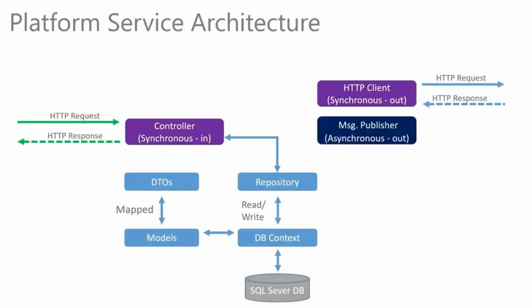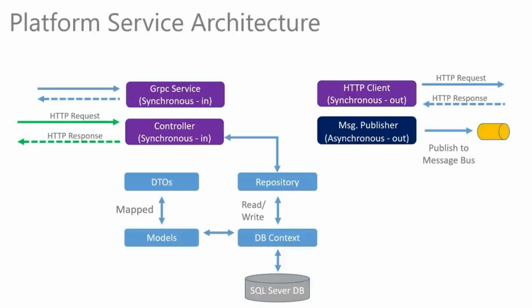We're then coming on to the main event, which is to use a message publisher, which is asynchronous out. And so our platform service is going to publish events onto our event bus, onto our message bus. And then finally, we're going to use gRPC within our platform service as a synchronous in service. And so clients, in this case our commands service, can use gRPC to request platforms back from our platform service.